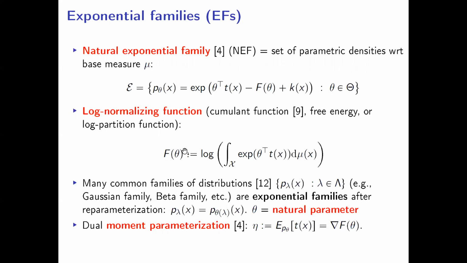So actually, a lot of common distributions that we use in probability, like the Gaussian family, beta or gamma, Dirichlet, and so on, are exponential families once you express the usual ordinary parameterization into the natural parameterization. And an exponential family admits a dual parameterization that we call the mean or moment parameterization, written here by eta, which is the expectation of the sufficient statistics, and which can be shown to be equal to the gradient of the cumulant.